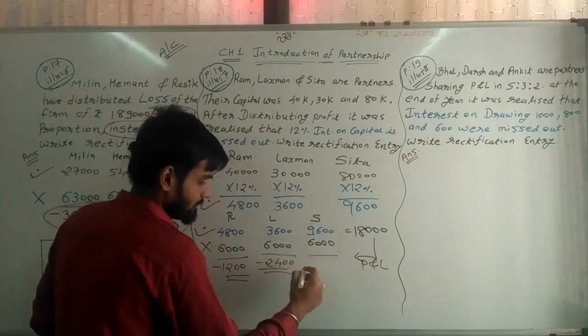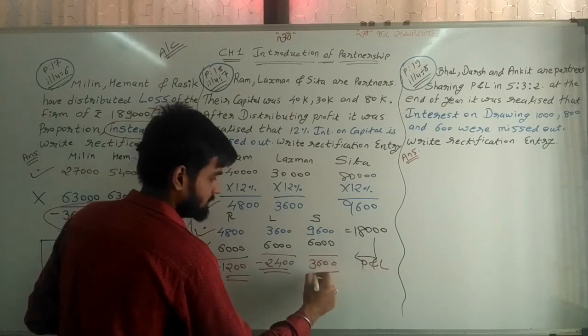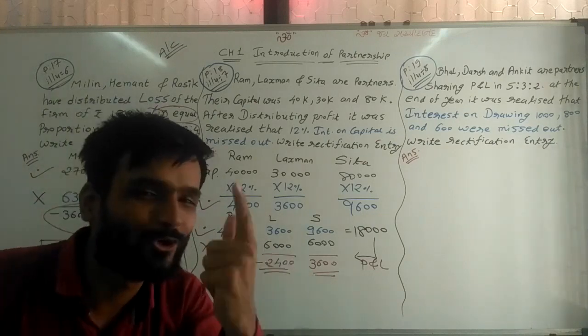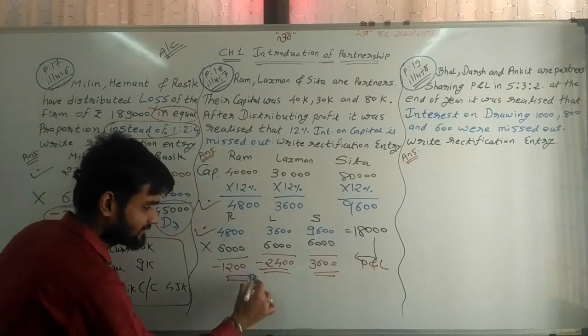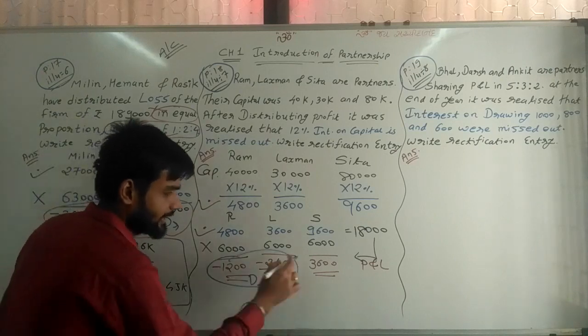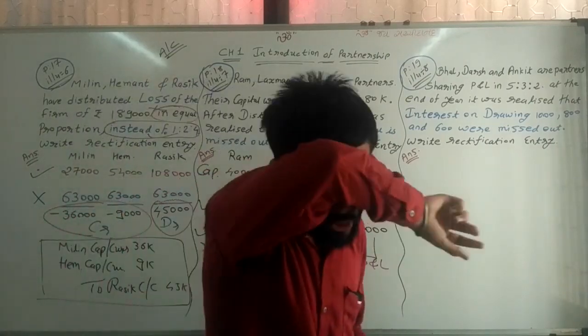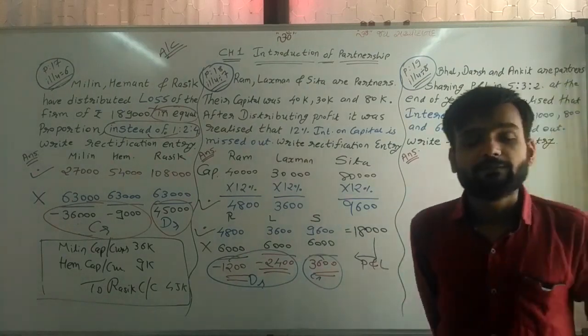And here 3,600 rupees plus. Now what is the rule? Minus, debit, and plus, credit. So minus is debited and plus is credited.